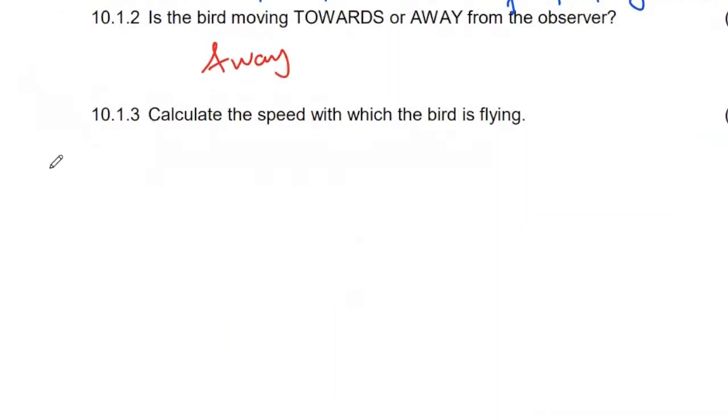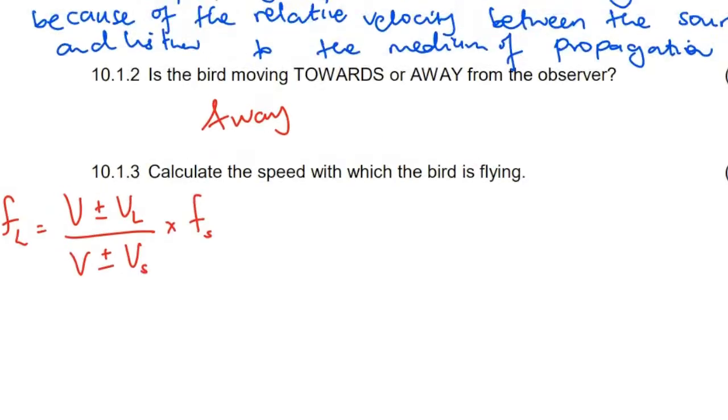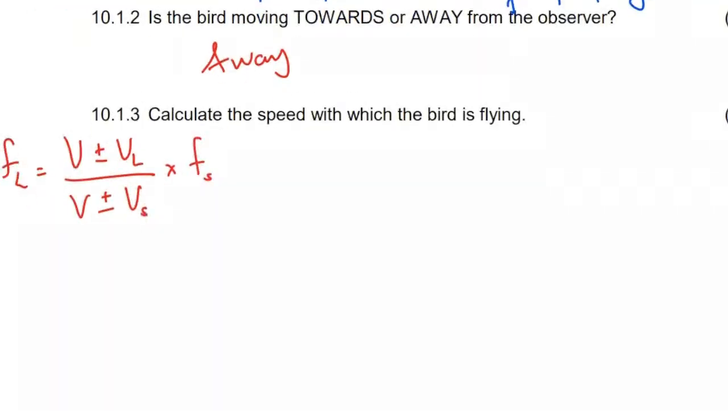From the Doppler equation, the frequency of the listener should be equal to V plus or minus the velocity of the listener, over V plus or minus the velocity of the source, times the frequency of the source. Now, since the bird is flying away, how do we apply the plus minus?